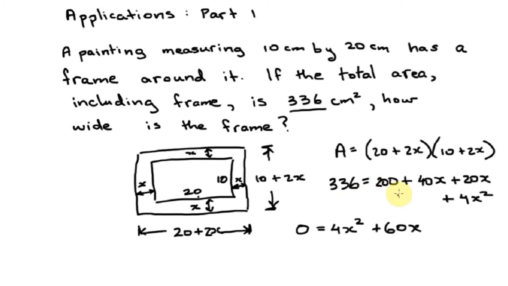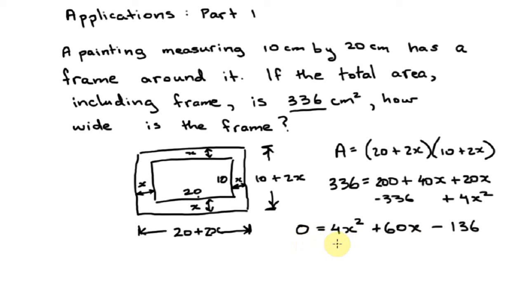So on the numbers, it's going to be 200 minus 336, and that turns out to be negative 136. Now to carry on, I've got my quadratic equation, and I've got it equal to 0.